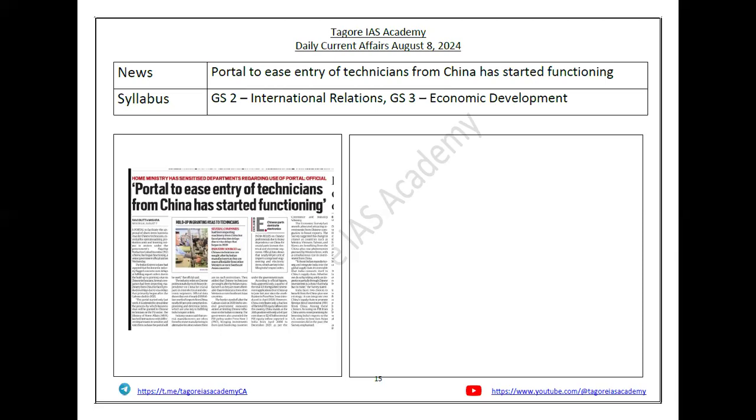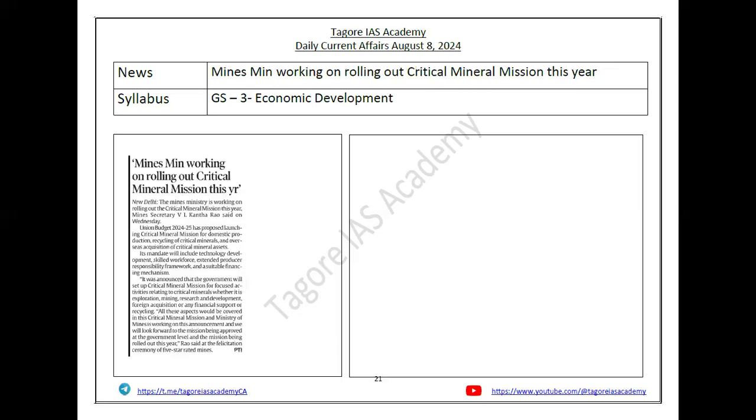A general example anybody can write, but if you give PLI and Chinese workers, despite the two countries not having cordial relations for some time, it is still imperative that countries cooperate for economic development, right?